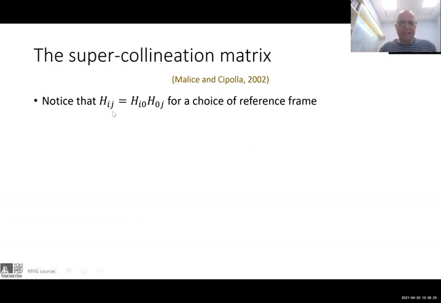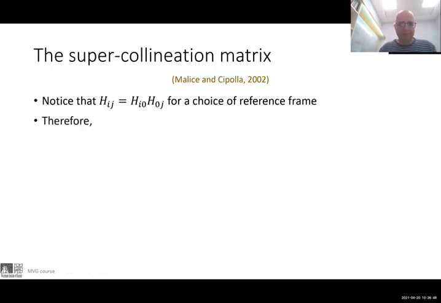So Hij is a product of Hi0 and H0j. Take the jth image, apply a homography to get to the global reference, then take the global reference and apply a new homography to get the ith image. So we have these products.